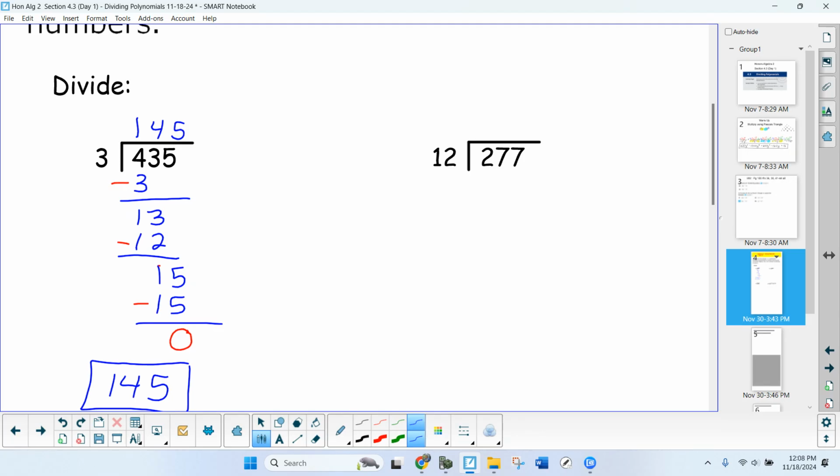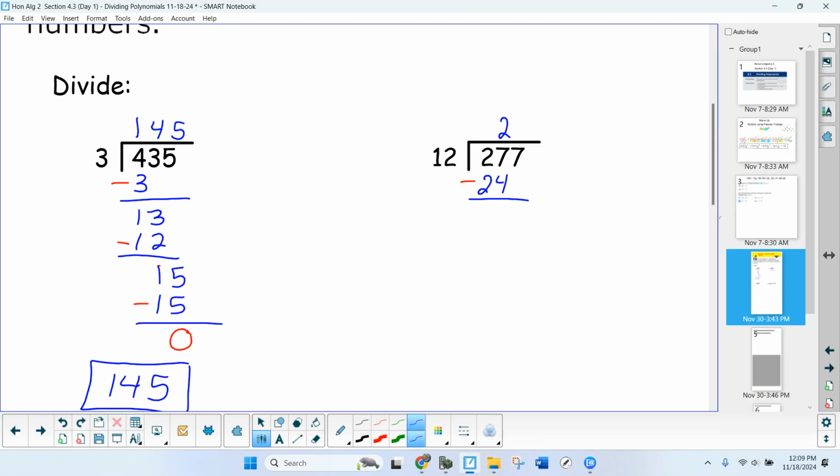You guys remember 3rd grade a little bit? Okay, now let's go up to 4th grade. How many times does 12 go into 27? Twice. So you put it over here, and then you multiply 2 times 12. 24. And then what operation do I do? Subtract.